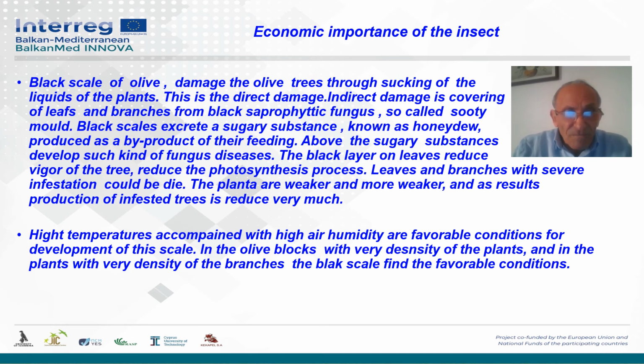High temperature combined with high air humidity are favorable conditions for development of this scale. In olive blocks with very dense planting and in plants with very dense branches, the black scale finds favorable conditions.